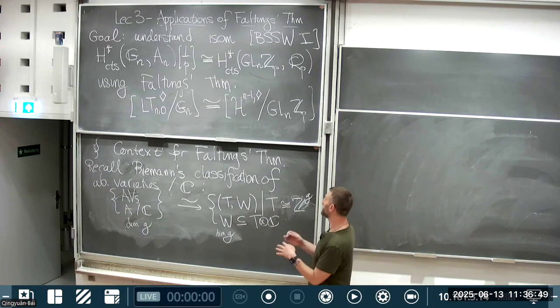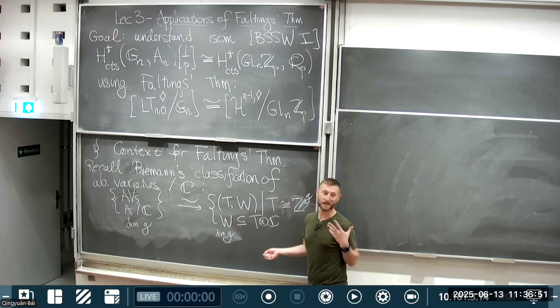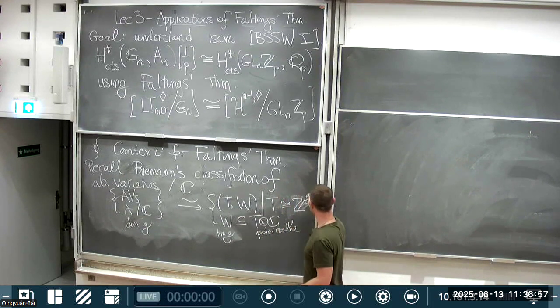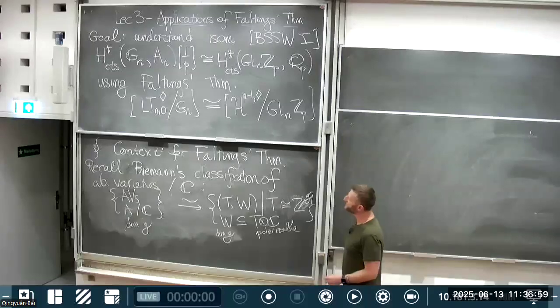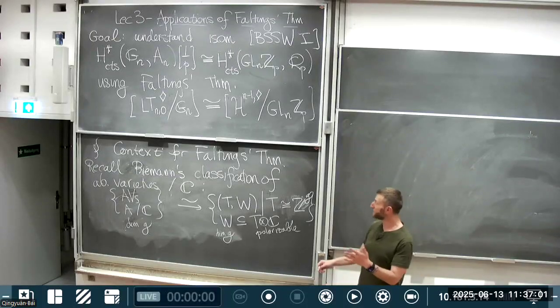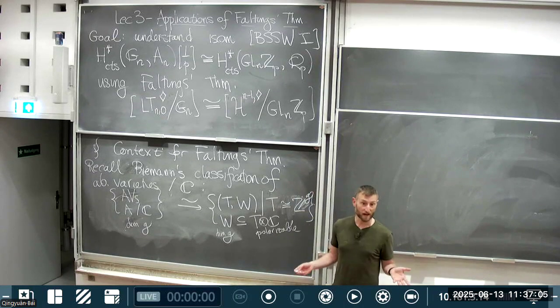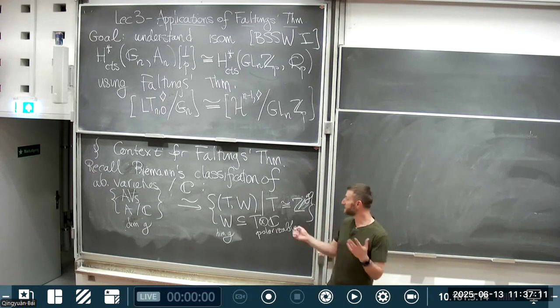There has to be a polarization, but I'm not going to write that in detail. So I'm just going to write polarized. That's the condition that guarantees that the complex torus W modulo T is going to be an abelian variety rather than just a complex torus. There needs to be a projective embedding or a line bundle.